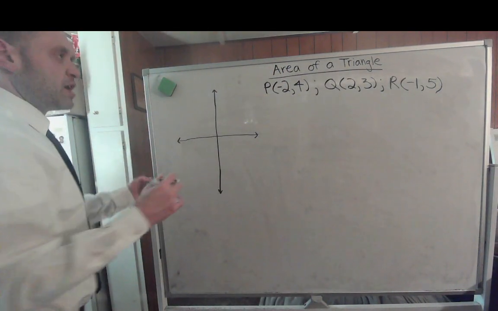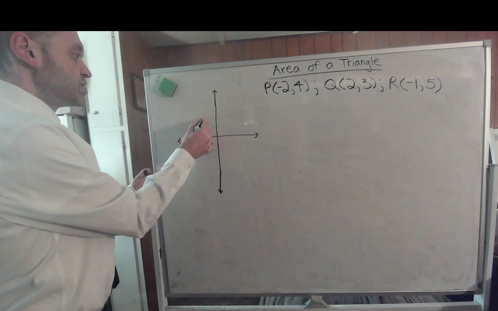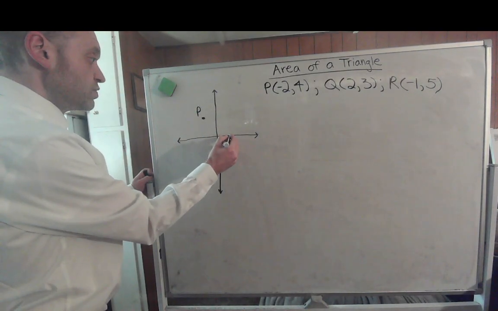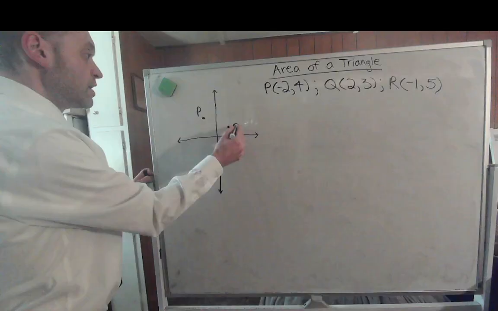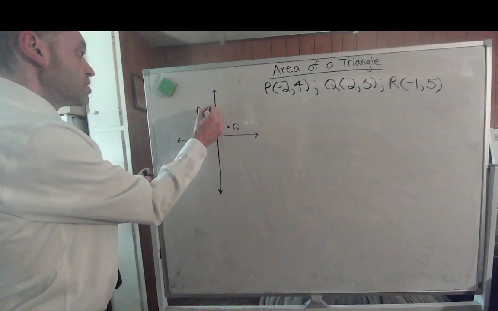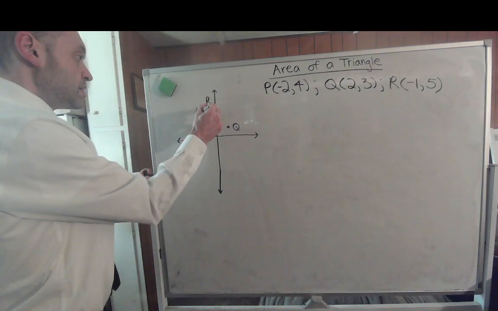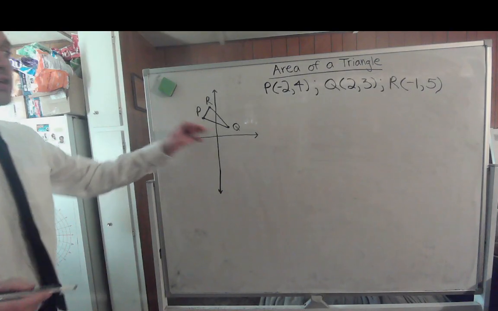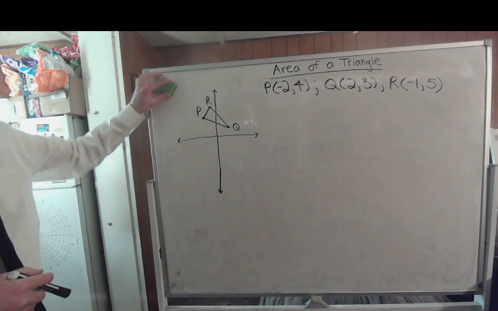Let me draw a rough draft of this triangle. There's about -2, 4, so here's P. Q is about 2, 3, right about there. R is -1, 5. We'll put R right there. Let's connect the dots. Here is our triangle PQR, given these three points. We want to find the area of this triangle.